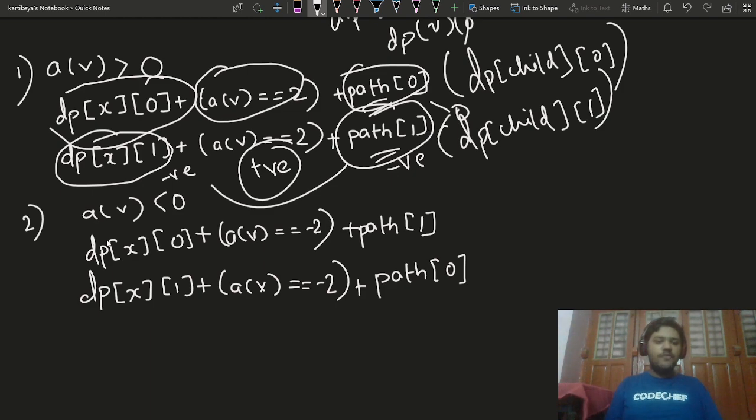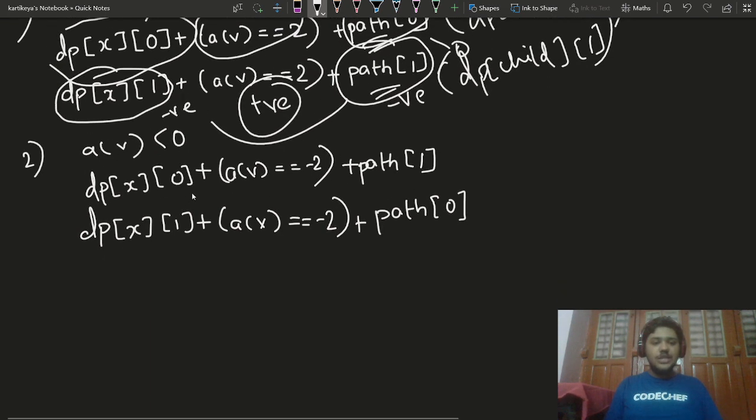Now if a of v is negative, then dpx0, basically this is a positive thing. I take positive from one child, and this is negative, and I take the negative maxima of all the children that have been processed till now. So a negative times a negative is a positive, and a positive, it yields greater than 0. I'm writing plus here because I'm considering the powers of 2, and they are added in multiplication.